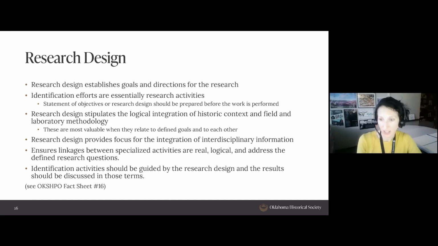Identification activities should be guided by the research designs, and the results should be discussed in those terms. So you're communicating what your goals are, how your work is supposed to accomplish those goals, and then you're communicating your results and how they did or didn't meet the goals.